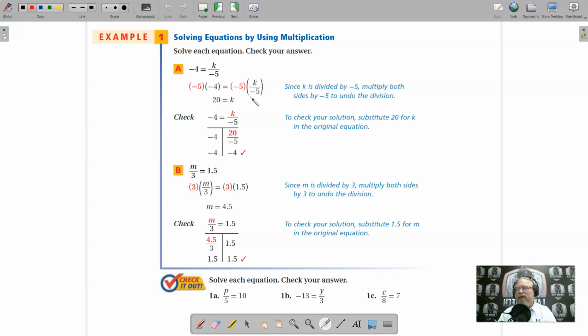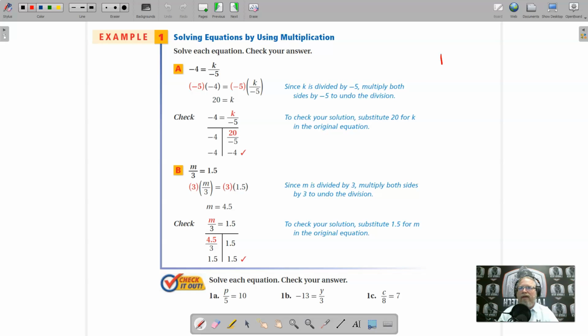Now some people wonder, how is it that whenever you multiply by the denominator, if you multiply the k divided by -5 by -5, how does it just become k? And to some people that's kind of confusing.